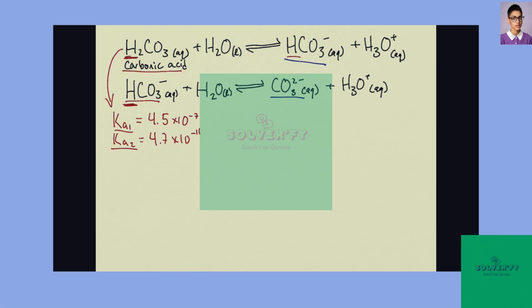Let's look at a buffer that contains KHCO3 and K2CO3. Both of these will completely dissociate in water into potassium ions and their respective ionically bonded polyatomic ions.